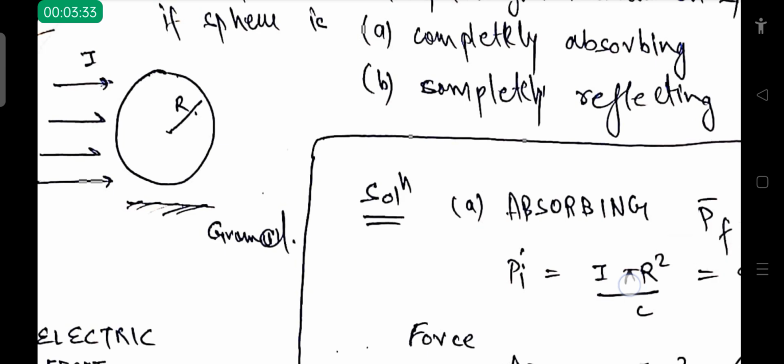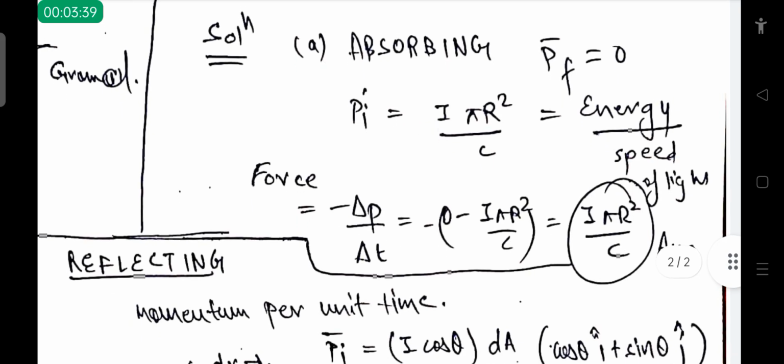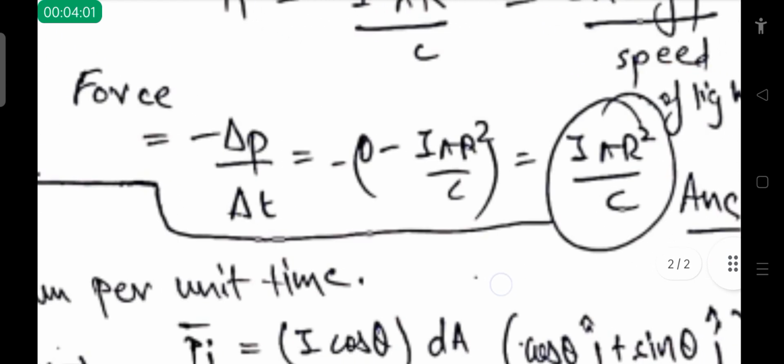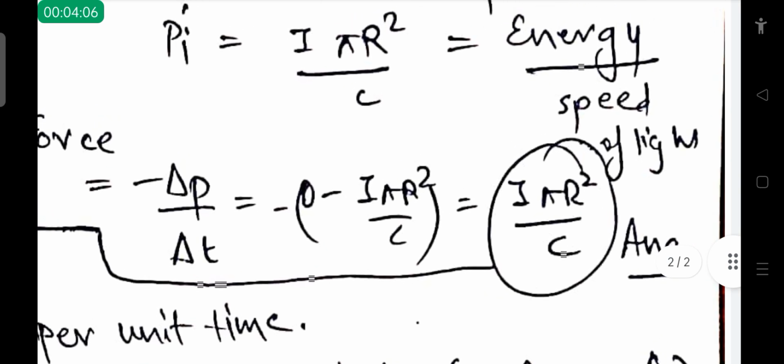We want the force the light exerts on the sphere, and from the third law of motion, the force on body A by B is the negative of the force on body B by A. So we find the force on the sphere as the negative rate of change of momentum. On calculating, the force exerted when the sphere is completely absorbing is I into pi r square by c.